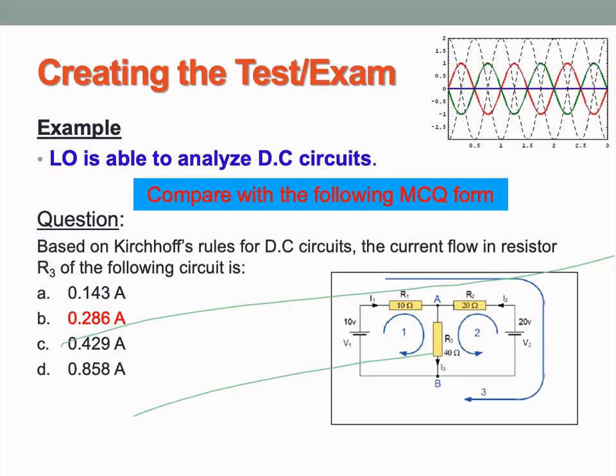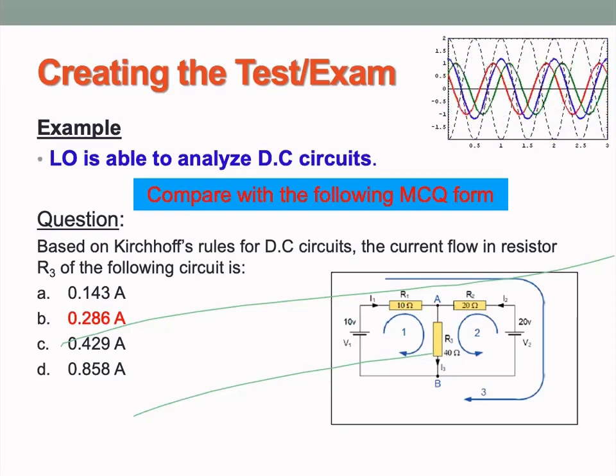But now we have the MCQ question. If I use this kind of question to assess the student's ability to analyze this DC circuit, do you think they will show you their ability to analyze?